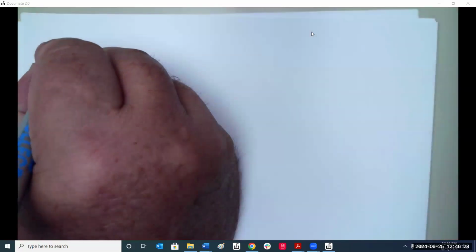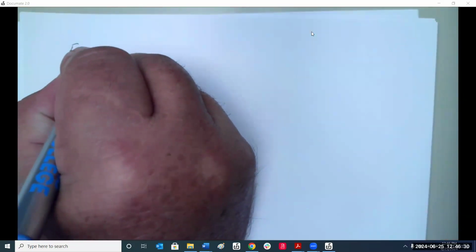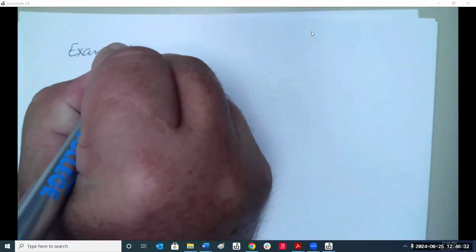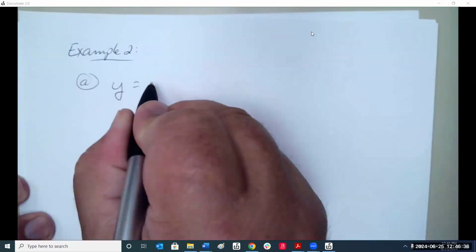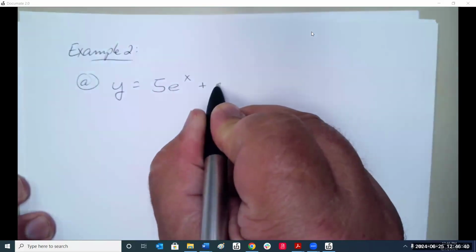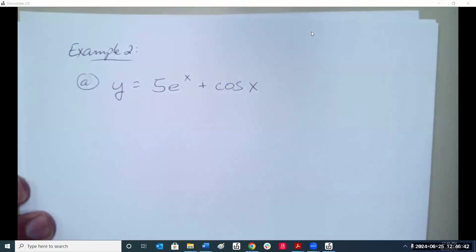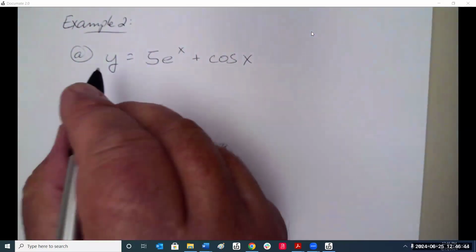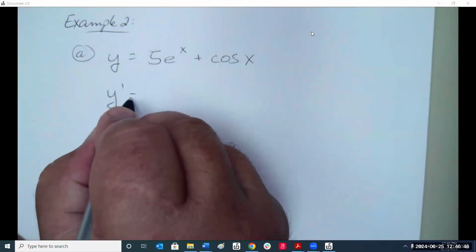Example 2. A, y is equal to 5e to the power x plus cosine x. Find y prime.